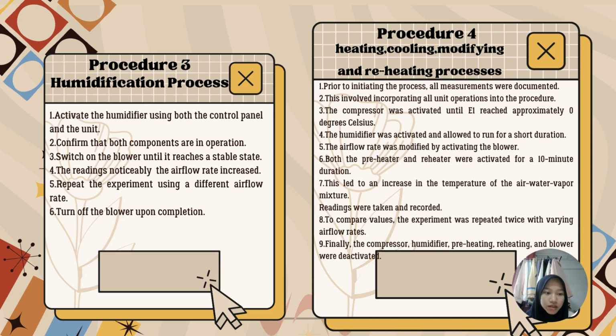Both the preheater and reheater were activated for 10 minutes. This led to an increase in the temperature of the air-water vapor mixture. The readings were taken and recorded. To compare values, the experiment was repeated twice with varying airflow rate. Finally, the compressor, humidifier, reheater, and blower were deactivated. That's all from the methodology.